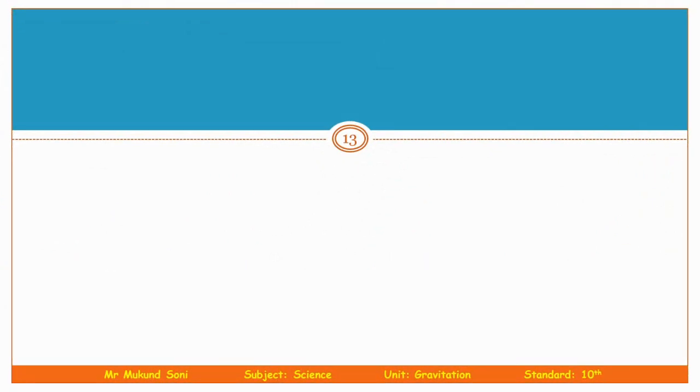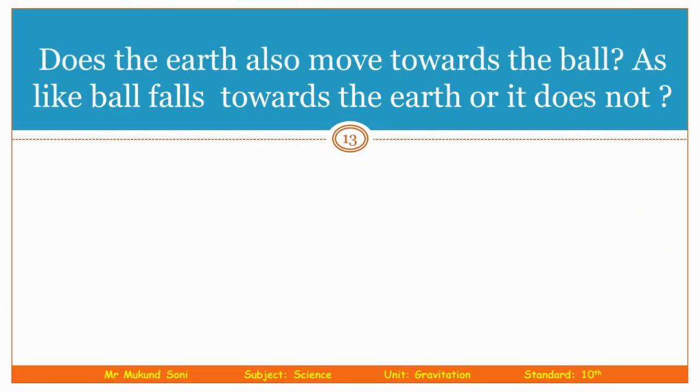Now, let us see how exactly it's applied. As he said, objects get attracted towards each other. Doesn't it mean that the Earth also moves towards the ball, just as the ball falls towards the Earth? Or does it not?